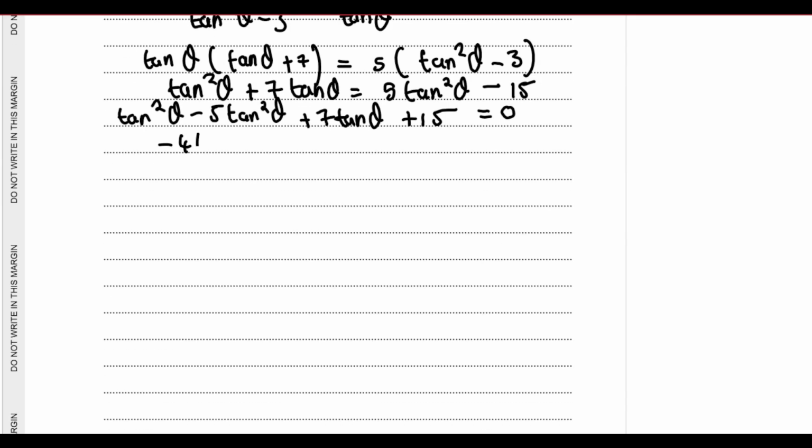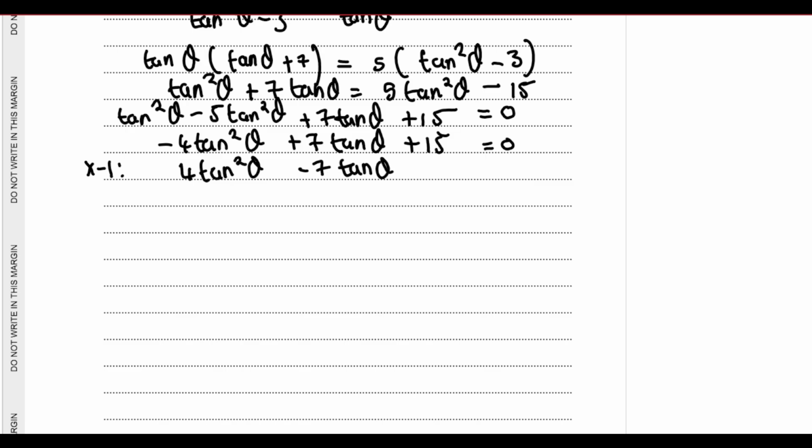We'll have minus 4 tan squared theta, 7 tan theta plus 15. Now I don't like working with a negative in front there, so I multiply by a negative 1. Okay, changes the signs of terms. Okay, cool.